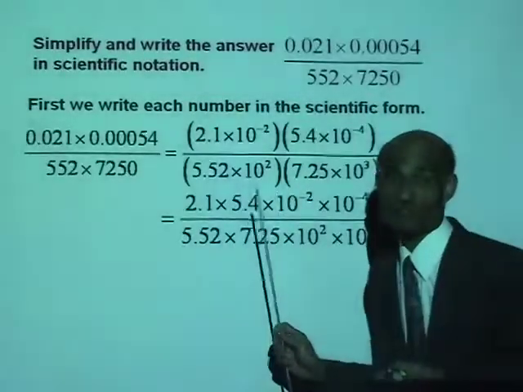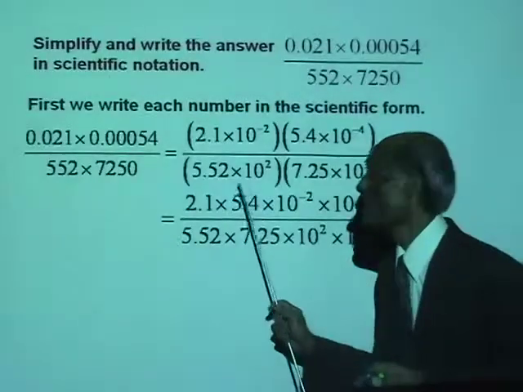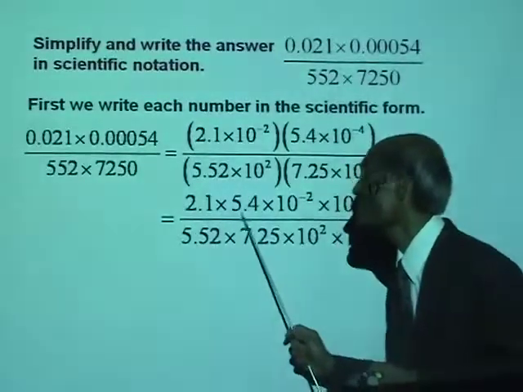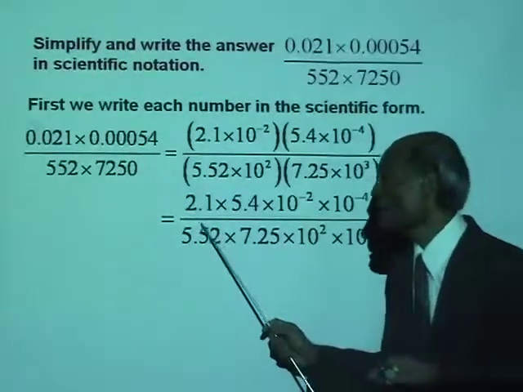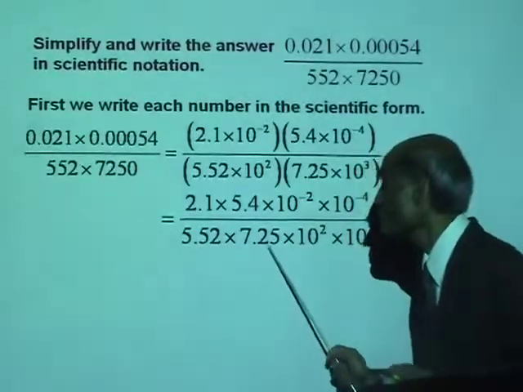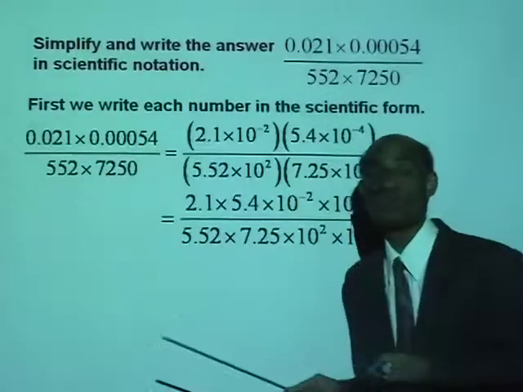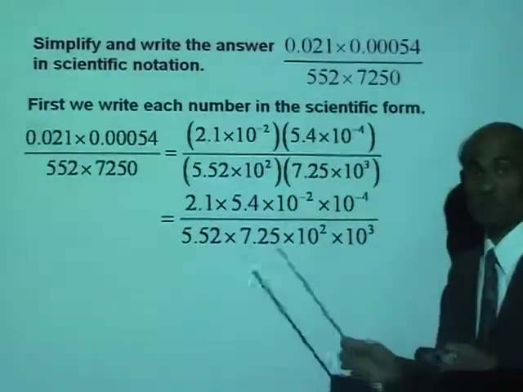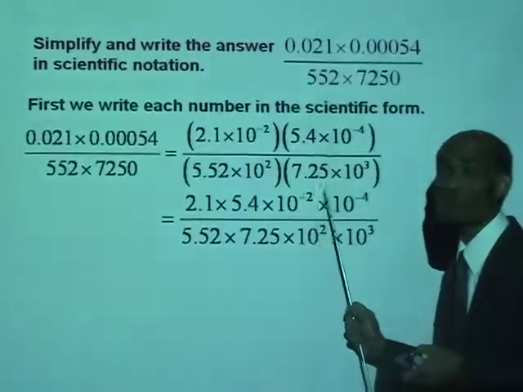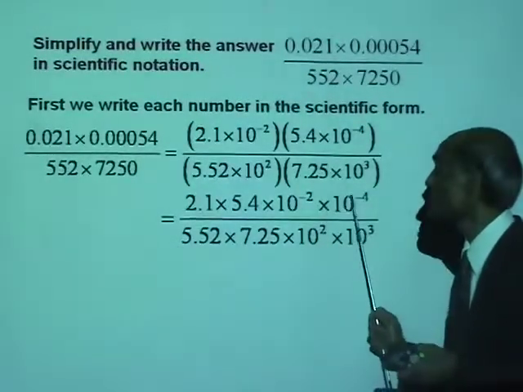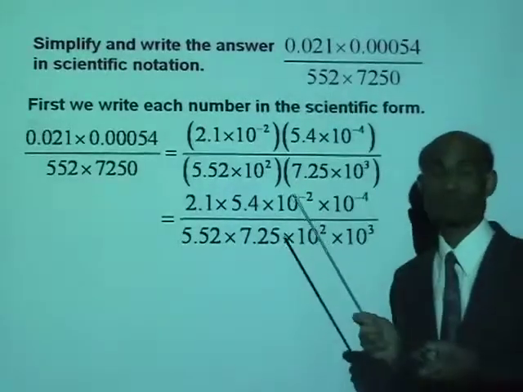Next, you got to do a lot of work here. Multiply this 2.1 times 5.4, what does that give you? And multiply 5.52 times 7.25. Multiply that. Okay, tell me, what is 10 to the power of negative 2 multiplied by 10 to the power of negative 4?